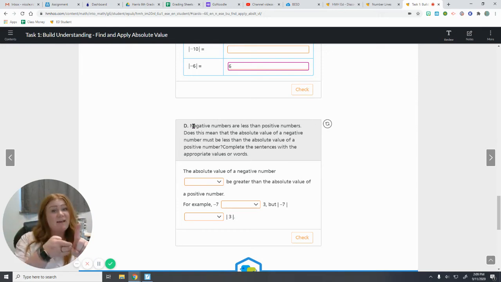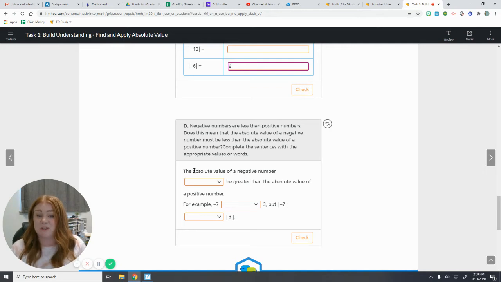It's going to take me 7 places to get to 0. So that absolute value is 7. So the absolute value of the -7 was actually larger than the absolute value of the 1. So if I'm only comparing the values, 1 is bigger. But if I'm comparing their absolute values, the absolute value of -7 is larger.